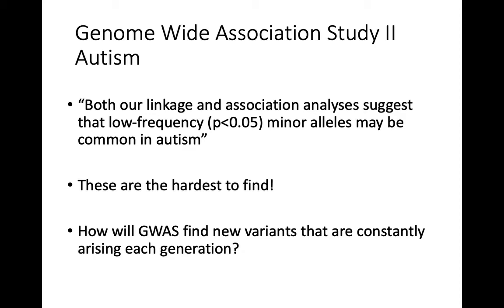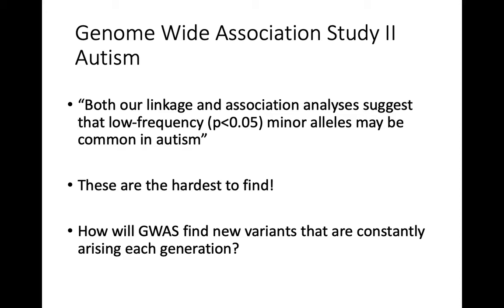Low frequency alleles are commonly alleles that may have been caused by recent mutation. So, for example, if you go 2 generations back, to your grandparents' generation, there may be new alleles arising either from your grandparents or your parents, perhaps, that lead to increased risk of autism.